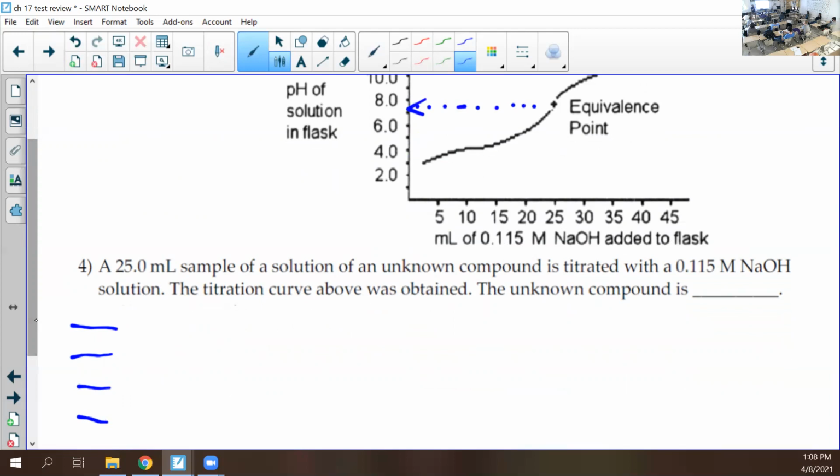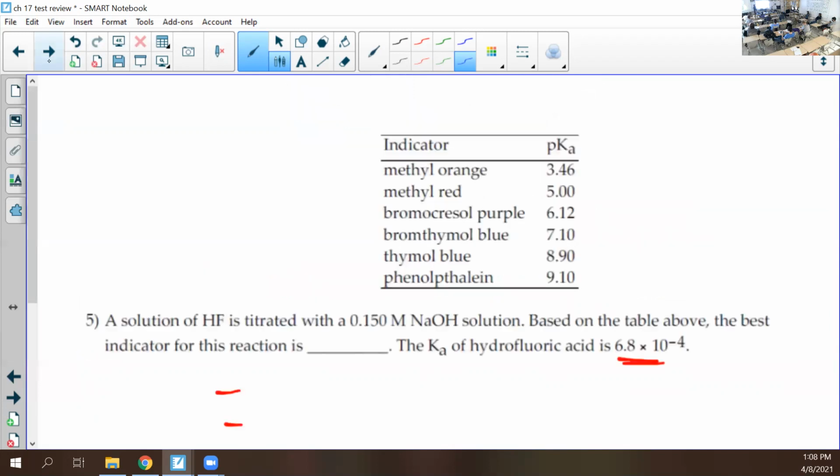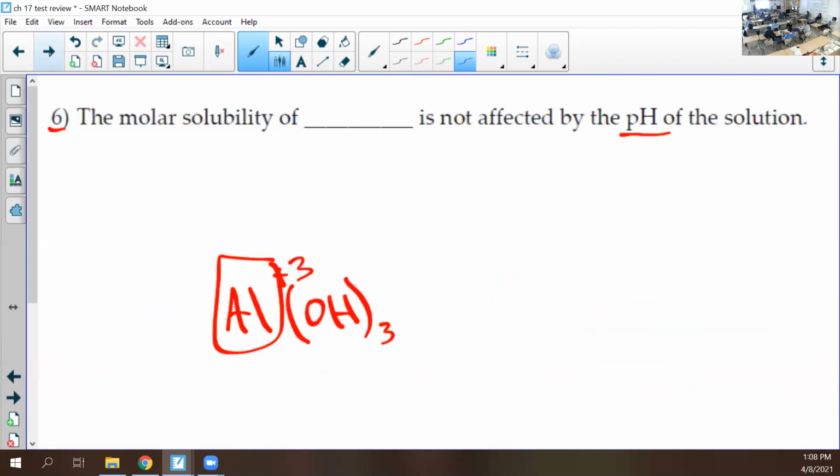It's all about the buffer range, and the equivalence point will tell you, if you take the negative log of everything, which one we're looking at. This is the same thing. You have this, you take the negative log of it and find out which one it's the closest to. We did it yesterday or the day before, I don't know.